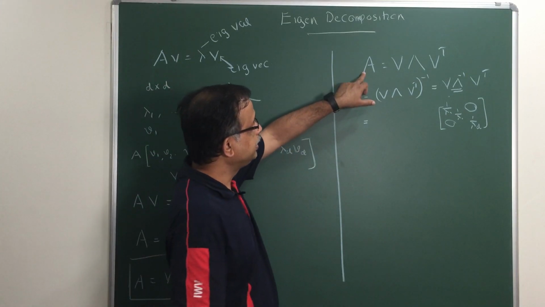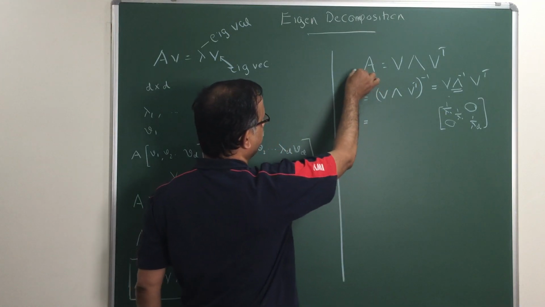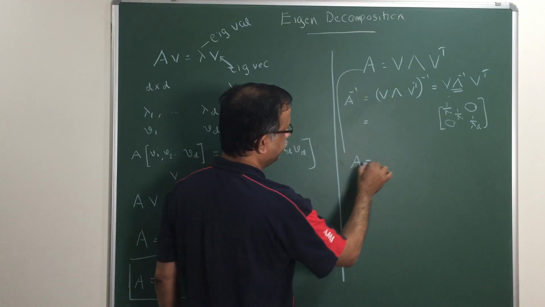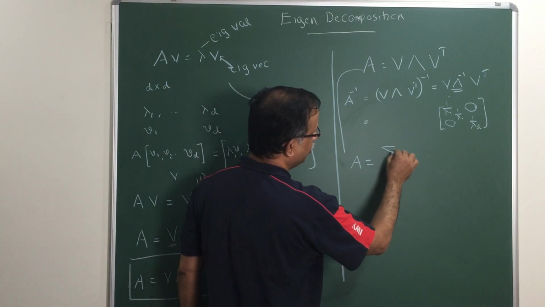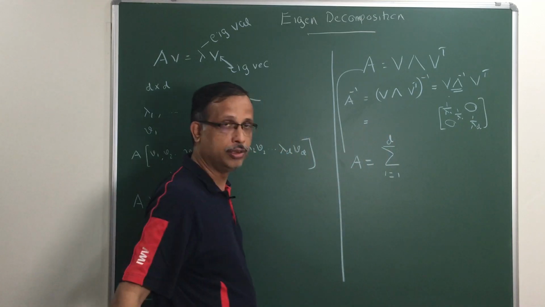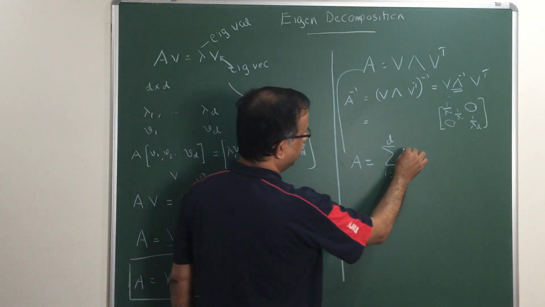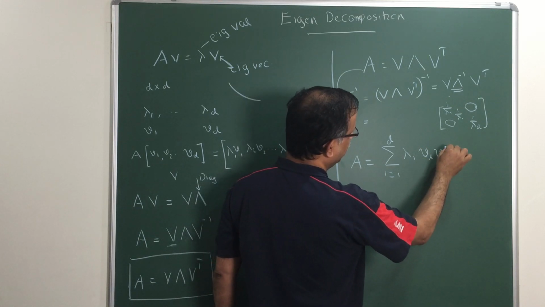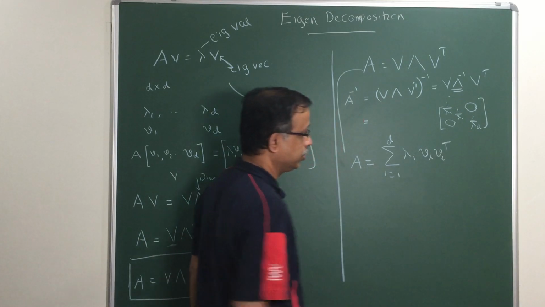Let us go back and see this matrix again. Another way of writing this is A is equal to sum over i equals 1 to d of lambda i vi vi transpose.